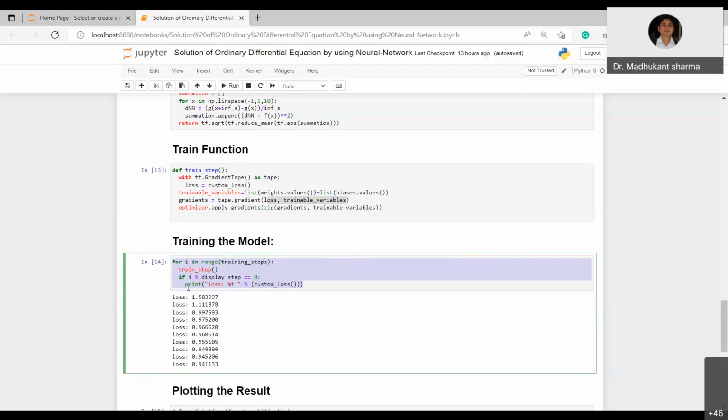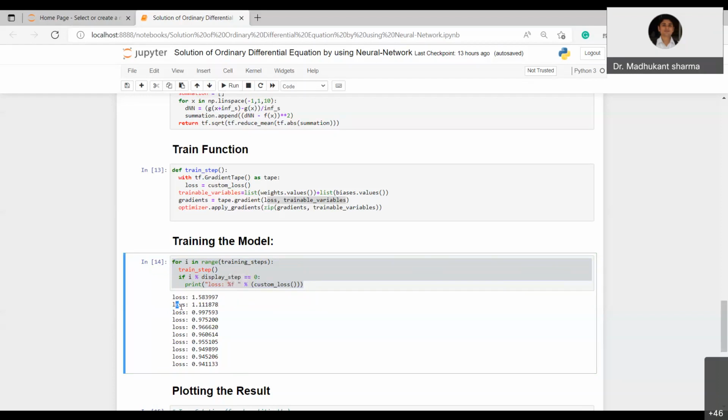After the implementation, we print the loss after every 500 steps. This first loss is the loss after the first 500 steps.